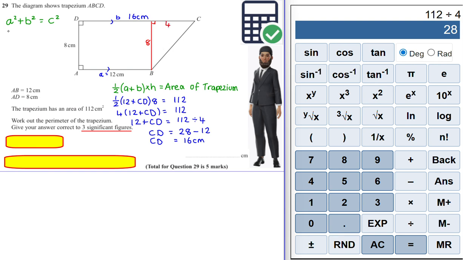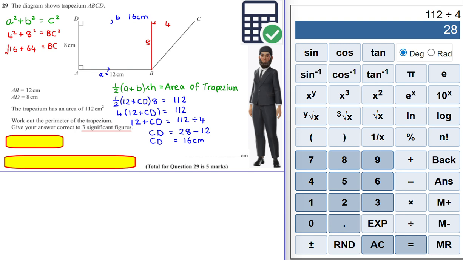And now we need to use Pythagoras. So Pythagoras' theorem says a squared plus b squared is equal to c squared. So a squared is going to be one of the short sides, so 4 squared plus 8 squared is equal to BC squared. Now 4 squared is 16. 8 squared is 64, and we're going to square root both sides.